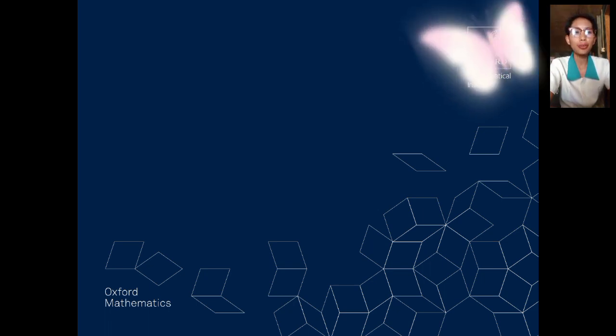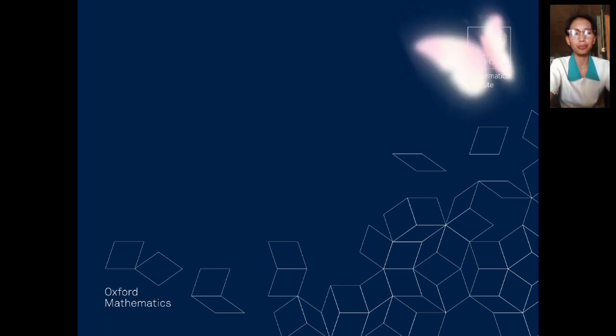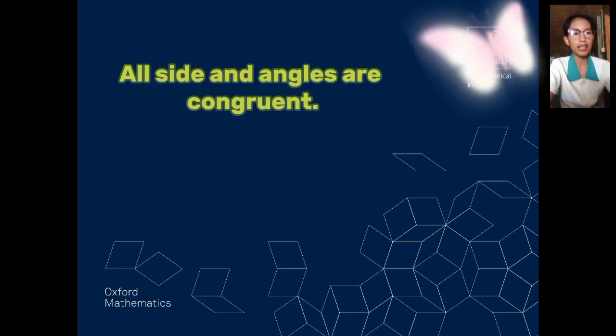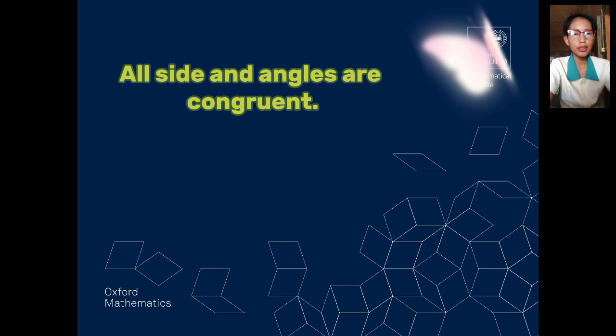How do we know if a polygon is regular? Correct. Masasabi natin na ito ay regular polygon kapag meron siyang magkakapareho ng angles at side. Next question natin.